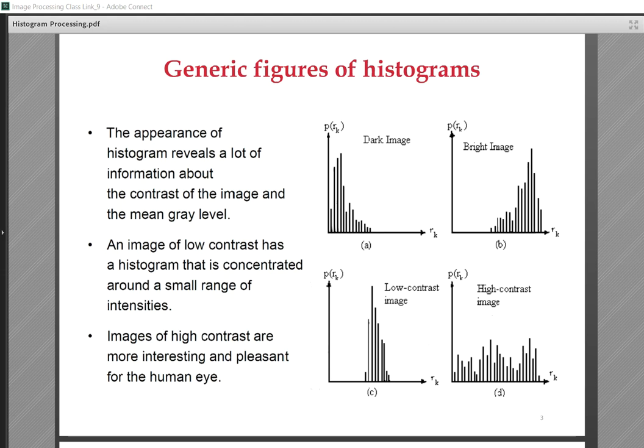Generic figures of histograms. We said this histogram is for a dark image. Gray levels or intensities are located in the lower half. This is a histogram of a bright image.